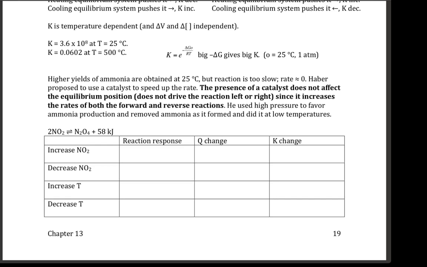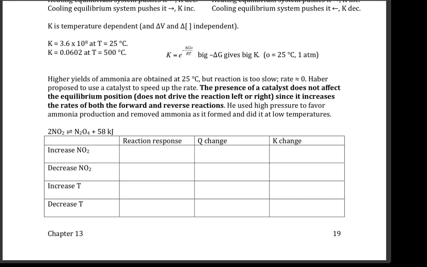Our next column is Q. How does the value of Q change? So if we get a pencil and paper and write out what Q would look like, Q is the initial concentration of N2O4 divided by the initial concentration of NO2 squared.